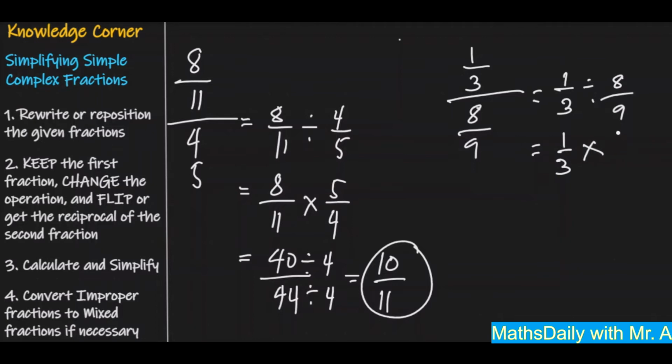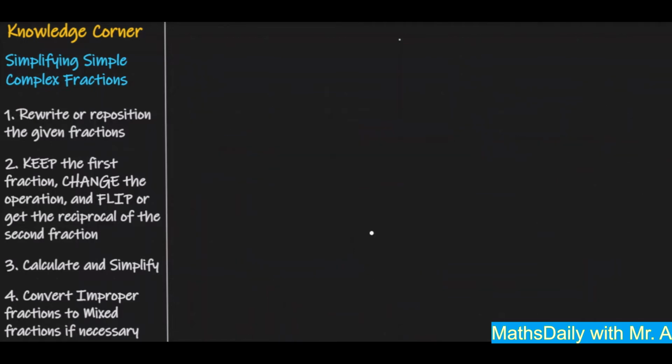Multiply by the reciprocal of 8/9, which is 9/8. Let's calculate. 1 times 9 is 9. 3 times 8 is 24. Let's simplify. 3 divided by 3. This will give us 3/8.